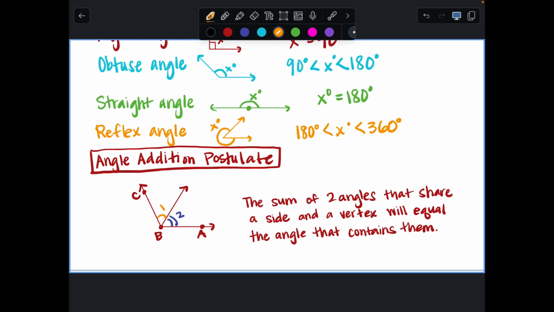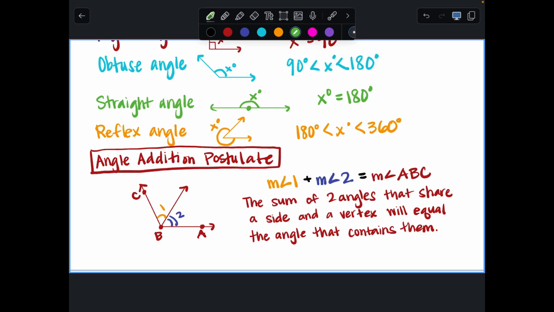So I could say that the measure of angle 1 plus the measure of angle 2 equals the measure of angle ABC.